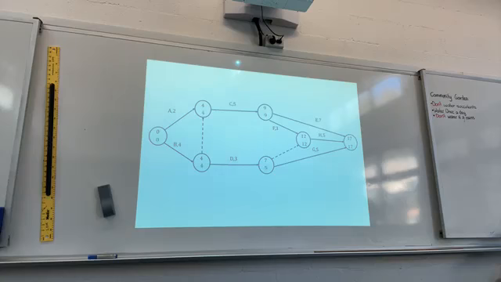And then of course you should be able to indicate your critical path. So when you write it properly, it's actually B, C, F, H. The critical path will be B, C, F, H.